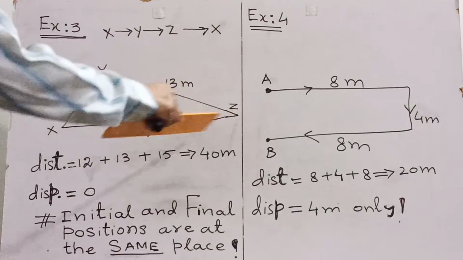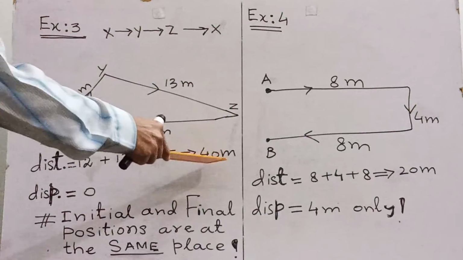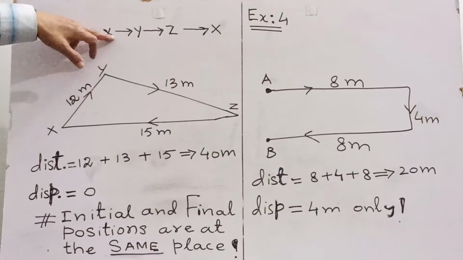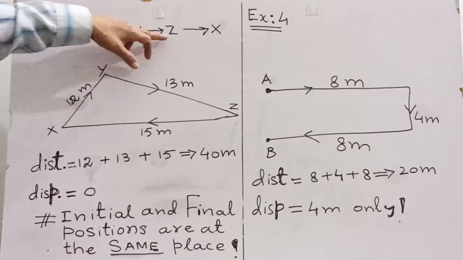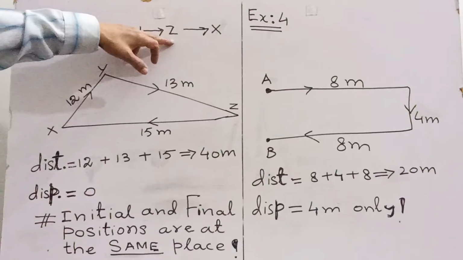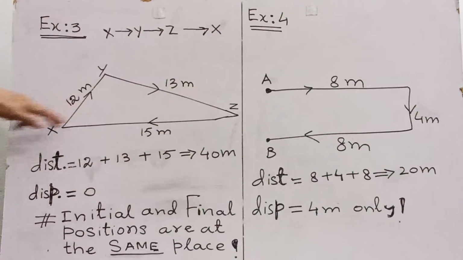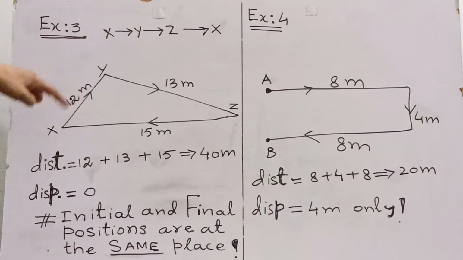The total length of the path covered is 40 meter. The body travels from X to Y, from Y to Z, and from Z to X, and comes back at the initial position. Again, the initial position and the final position both are the same, at the same place.